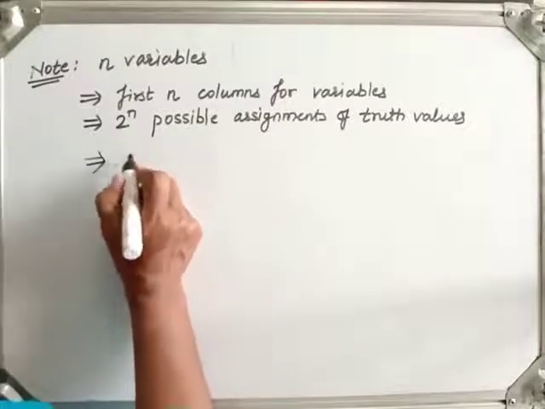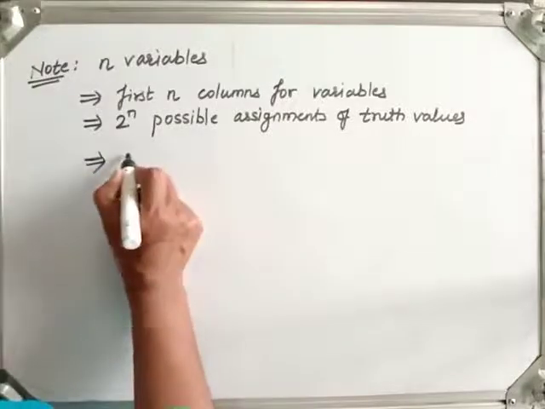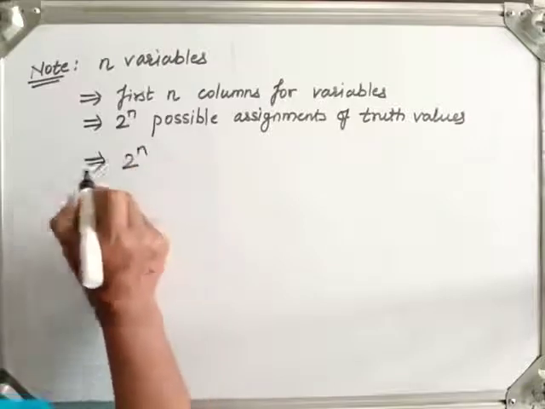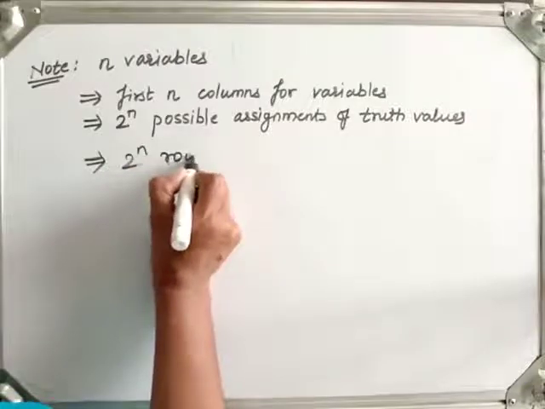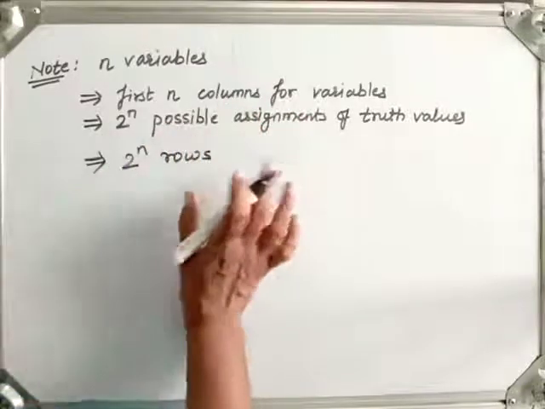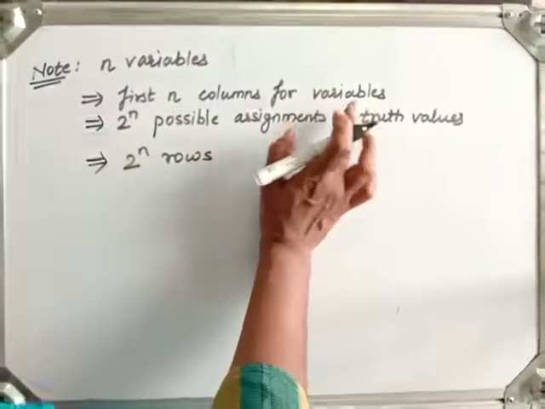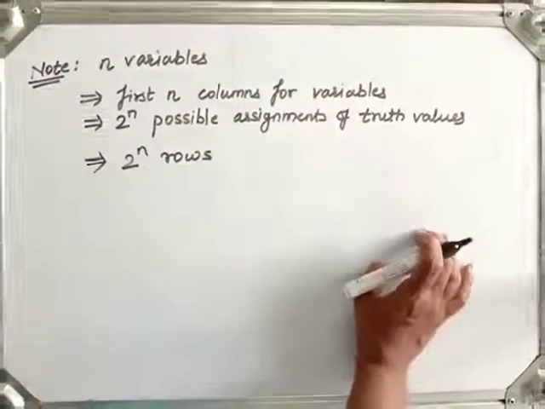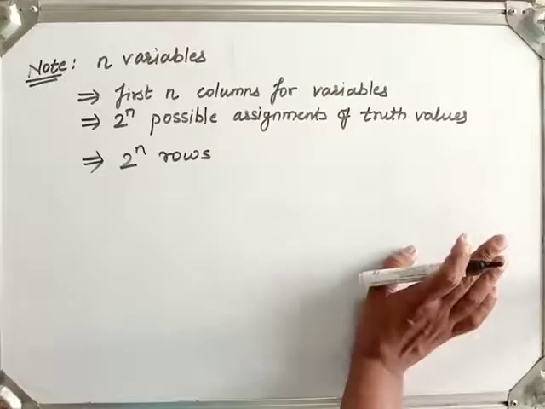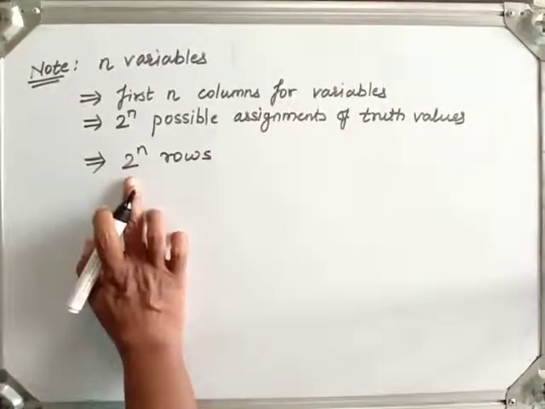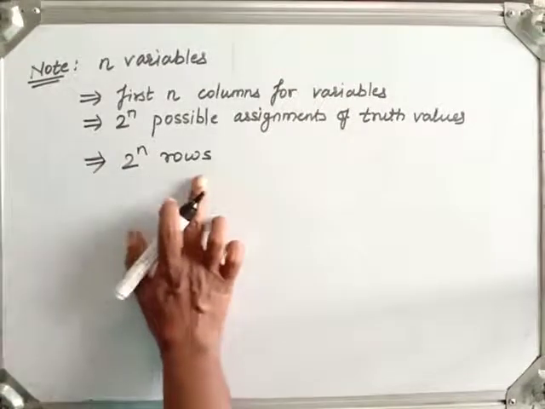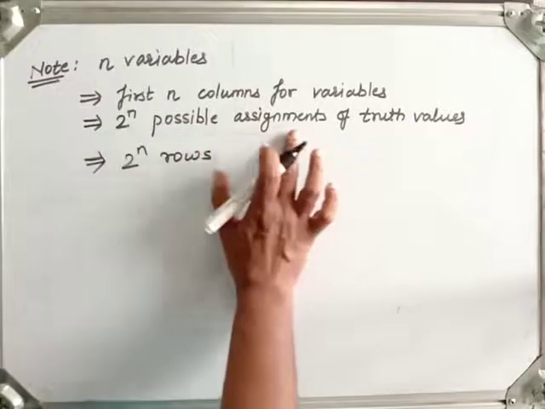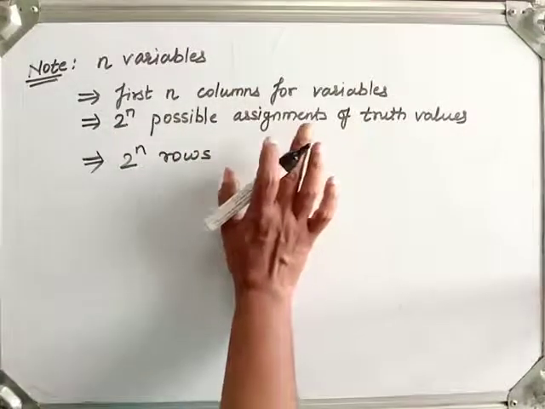Same thing is here also. So this implies there are 2 raised to n rows. So that truth table has n columns for the variables first, later on the columns increase as the connectives given to us, but there are 2 raised to n rows, because 2 raised to n possible assignments of truth values are there.